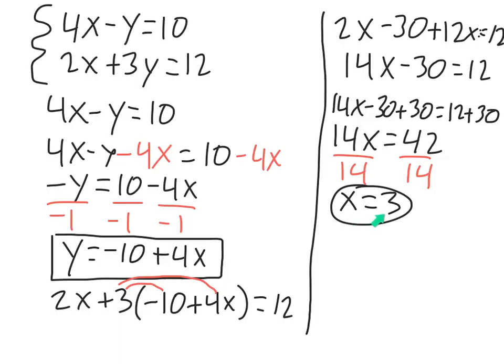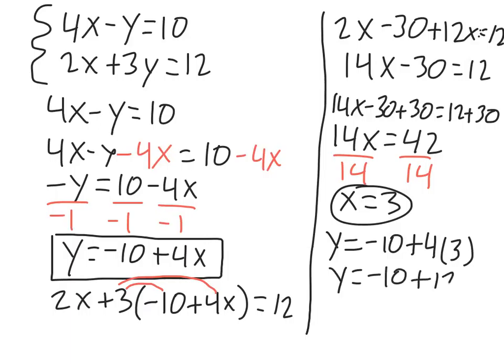So now that we've got x equals 3, we can go back and plug it back into the important equation where we had already solved for y. So we rewrite the equation, y equals -10 plus 4, and instead of x, we can say 3. So we have y equals -10 plus 4 times 3 is 12, so y equals -10 plus 12 is 2.